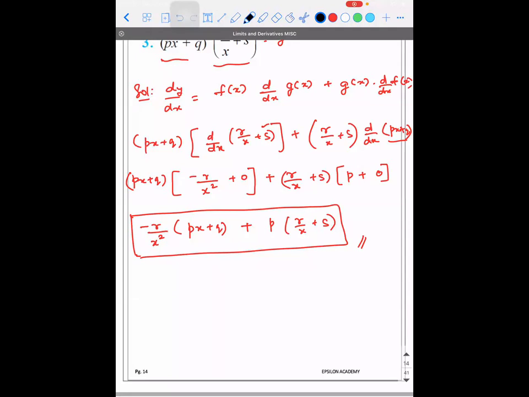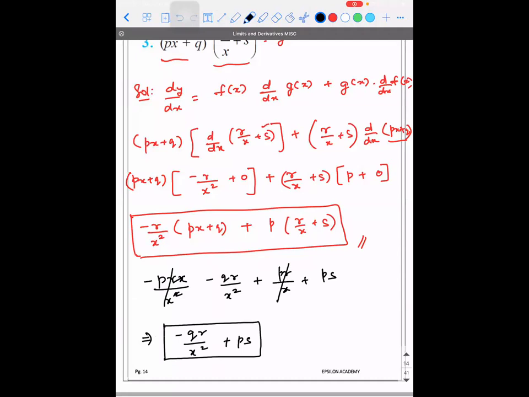Correct. Because if I expand it, it is minus prx divided by x square, minus qr divided by x square, plus pr divided by x plus ps. So x and x will get cancelled. Pr by x and pr by x are gone. It is minus qr divided by x square plus ps. I think this is the answer given, right? Yes, sir.